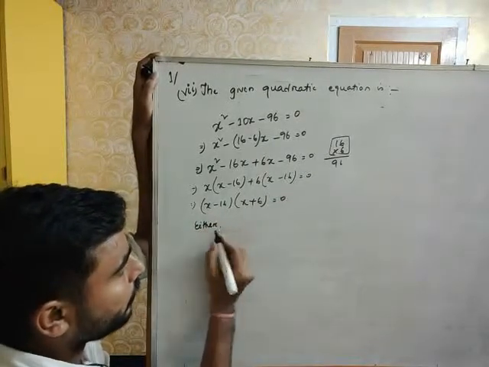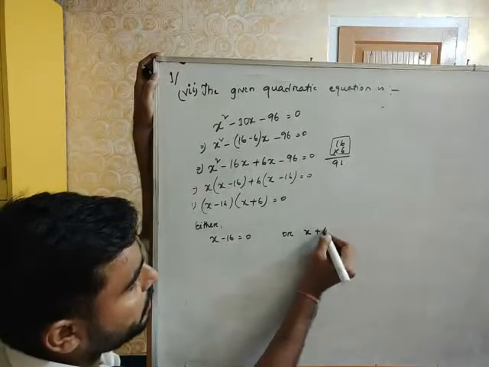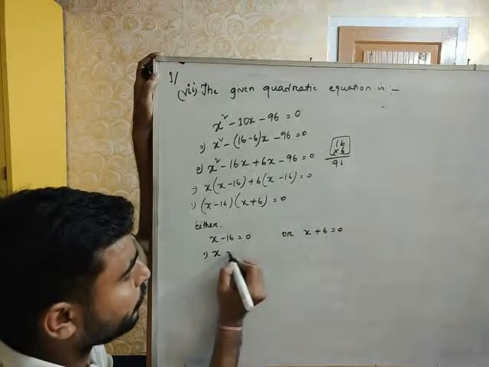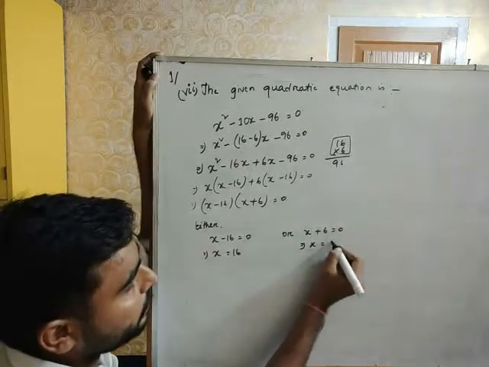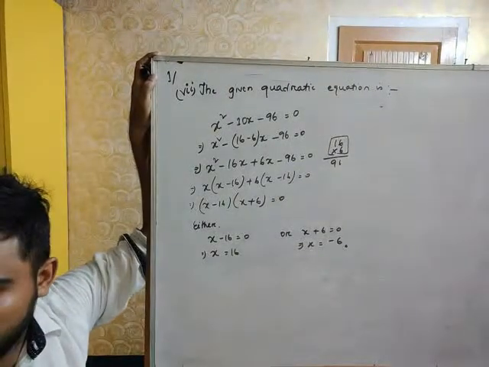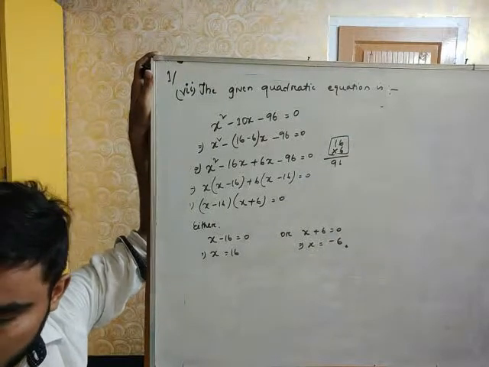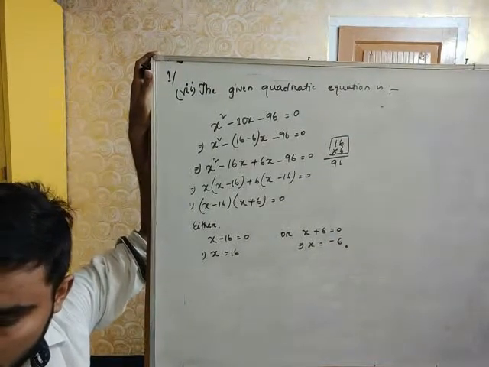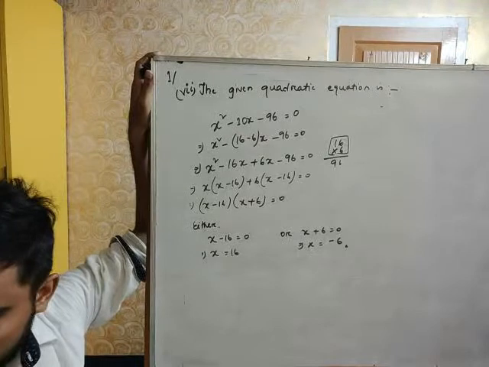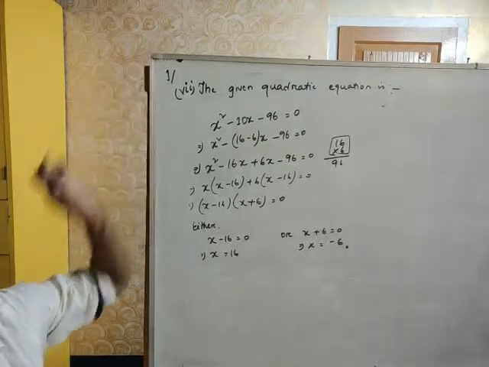So here either x minus 16 is equal to 0 or x plus 6 is equal to 0, which implies x is equal to 16 and x is equal to minus 6. Got it, all of you?